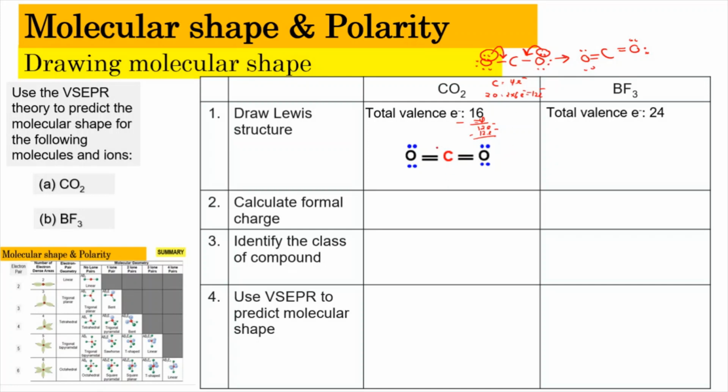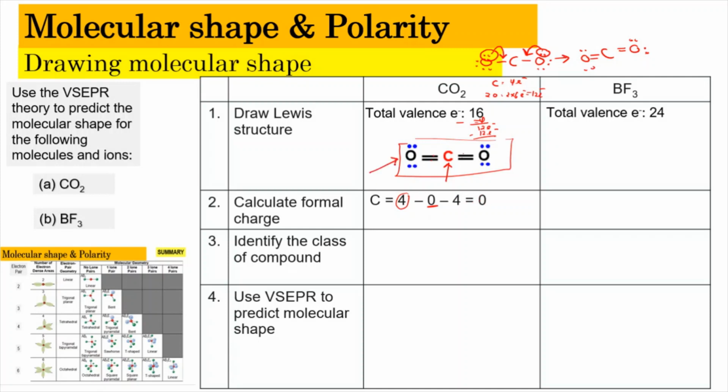You can choose any of the lone pairs. And from this structure, you need to ensure that the charge is stable. In order to do that, we need to calculate the formal charge. We can start with carbon first. Carbon has 4 valence electrons, but it does not have any lone pairs, so minus 0, and then it has 1, 2, 3, 4, minus 4 bonding electrons, and it is equal to 0.